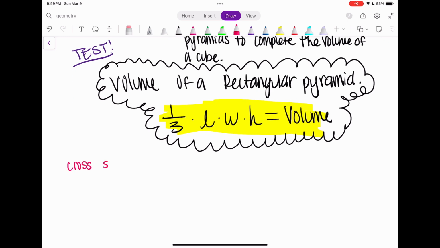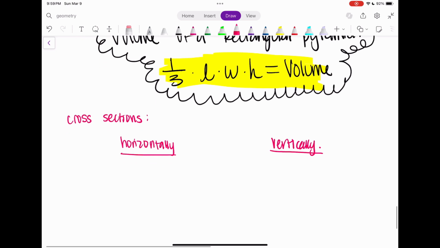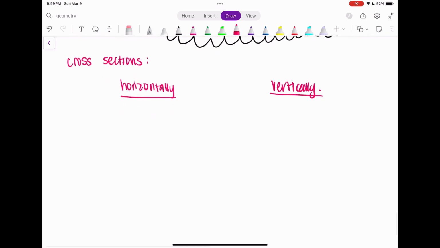So we're also going to talk about cross sections for this one, but this one is not on your test. But I want you guys to challenge yourselves and draw out your rectangular prism and see what it would look like horizontally and vertically.